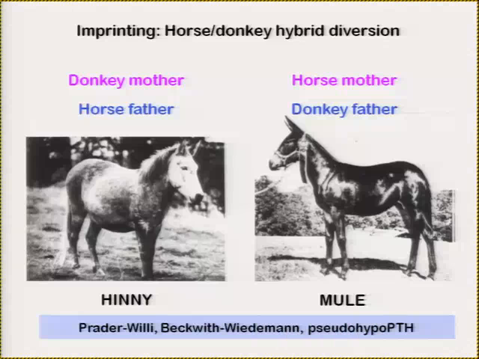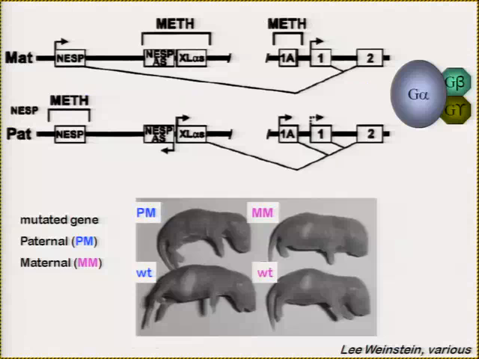And there are some diseases in medicine that are caused by genes that are imprinted. One is Prader-Willi, which is a disease of massive obesity. Another is Beckwith-Wiedemann, which has gigantism associated with it. And the gene that we're about to talk about, GNAS, is responsible for pseudohypoparathyroidism.